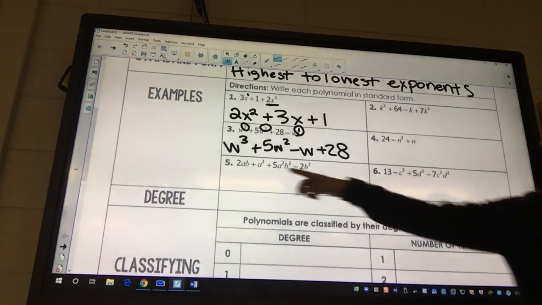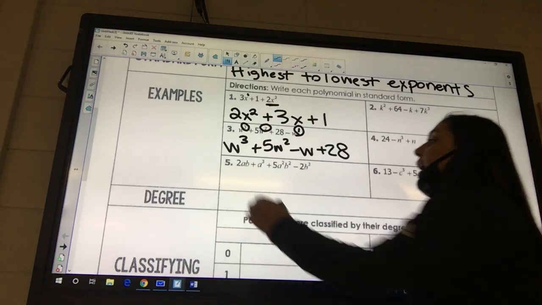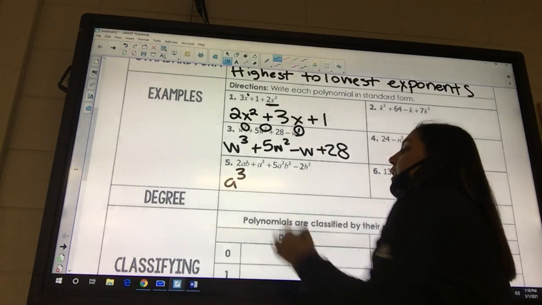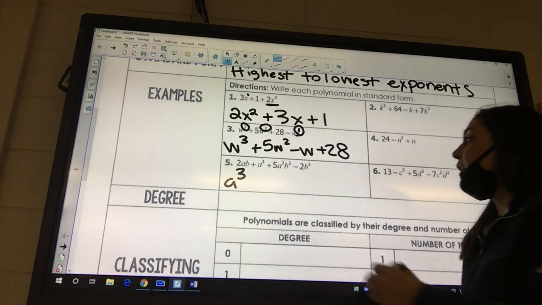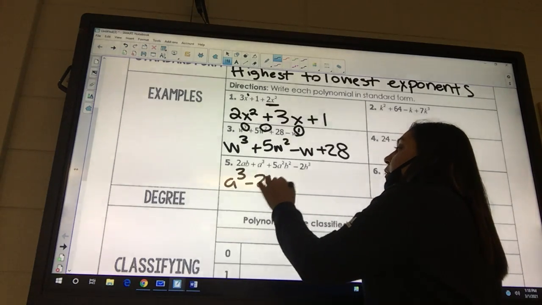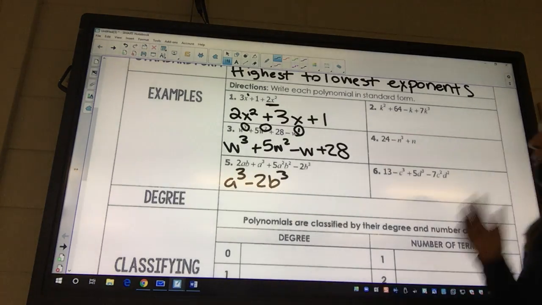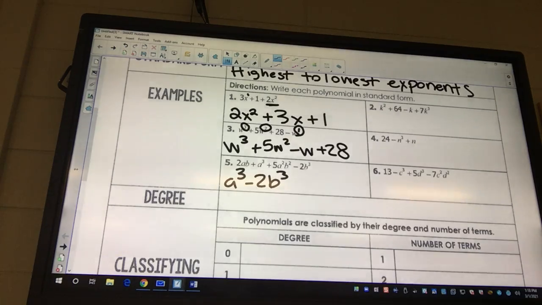So what comes first, A or B? A. So a to the third goes first. What comes next then? The b. Negative 2b to the 3. What would we write next? What's the next lowest exponents?